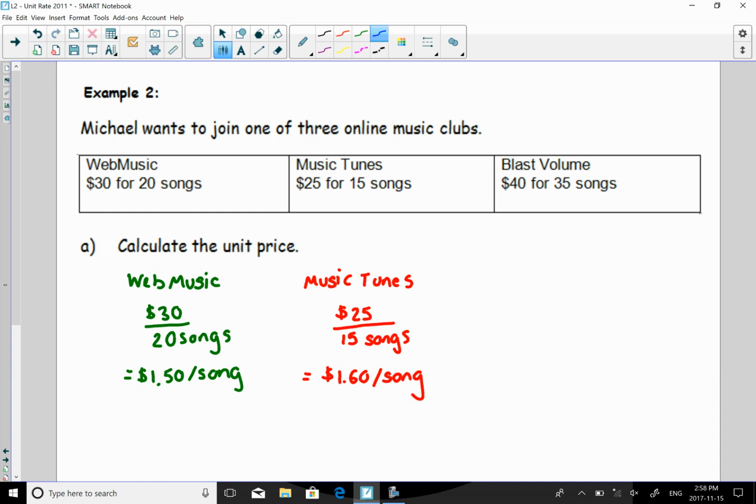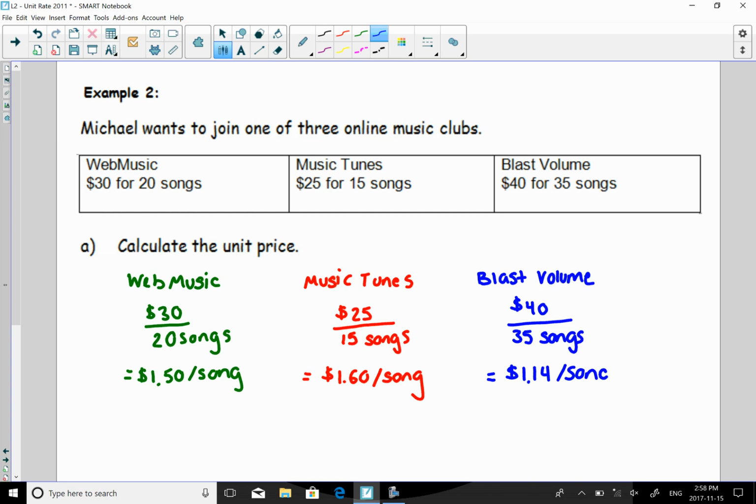And lastly, I have Blast Music, which charges $40 for 35 songs. Which is $1.14 per song.